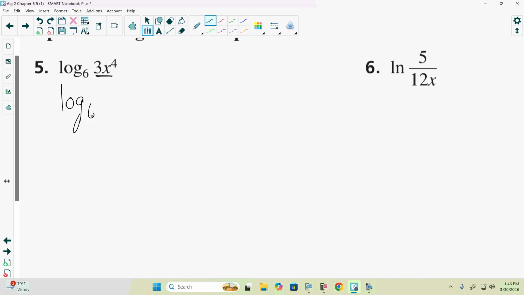So our product property says I can rewrite this as a sum of those terms. Now, it doesn't have to be just 2. We could have 3 things being multiplied together, and we would write it as 3 separate logs being added together. Questions on this so far?